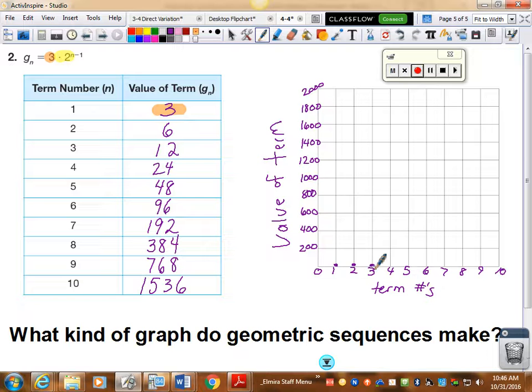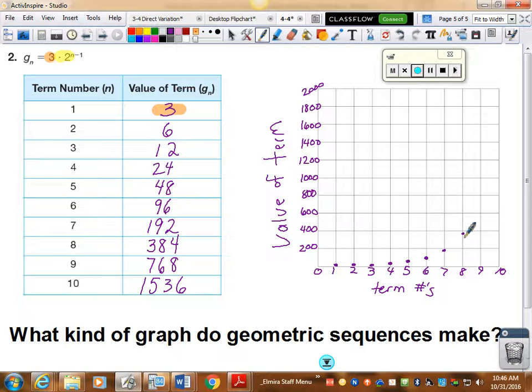12. 24. Okay. Halfway would be 100, right? We're still at 48. 6 is 96. That's close to 100. That's close to halfway. 7, 192. We're finally making it almost to the top of the first line. 8, 384.